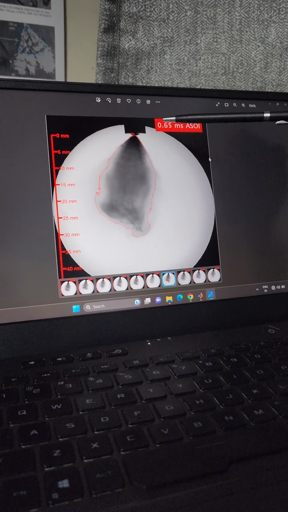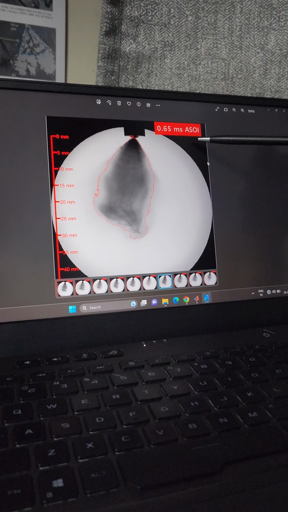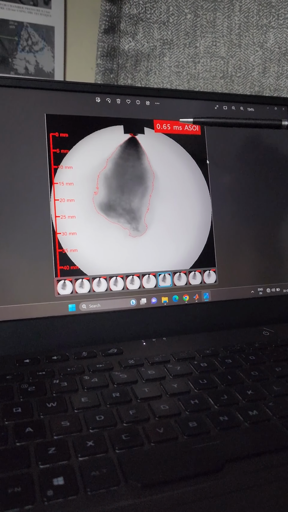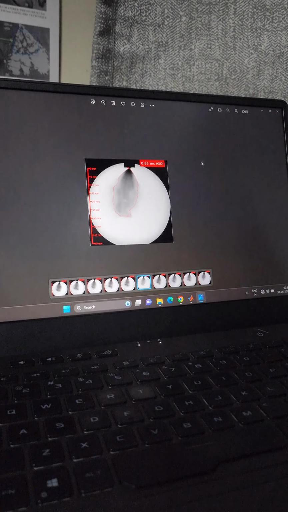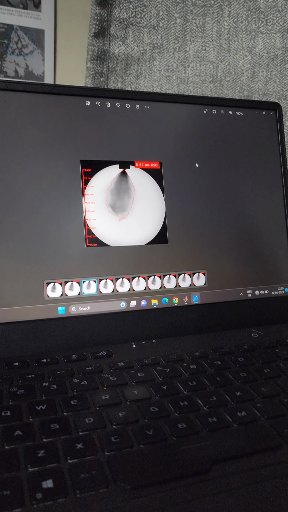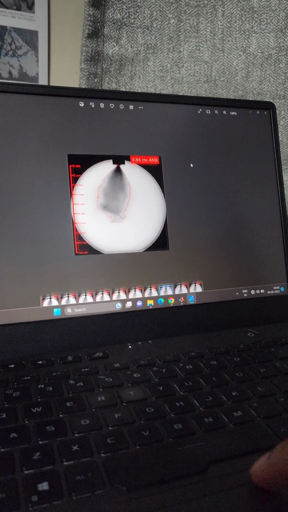In this case, it was captured 0.65 milliseconds after the start of injection, which is given as the ASOI. Similarly, we have different instants, and we repeat the experiment at a given instant to ensure the repeatability of the experiment.